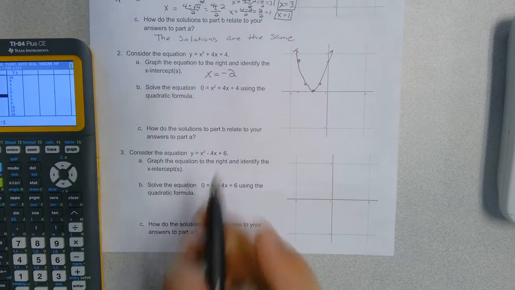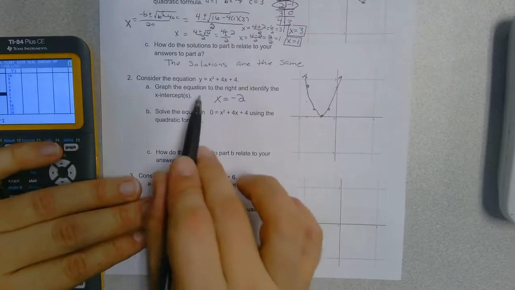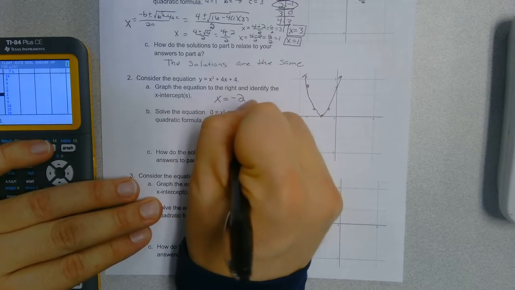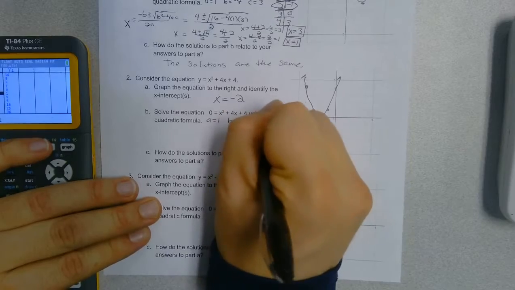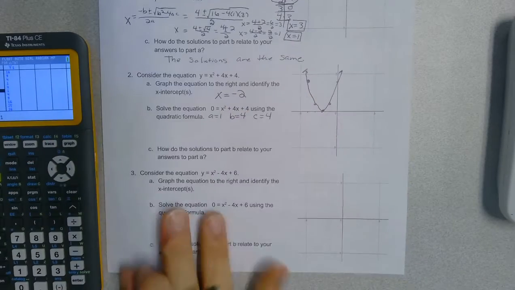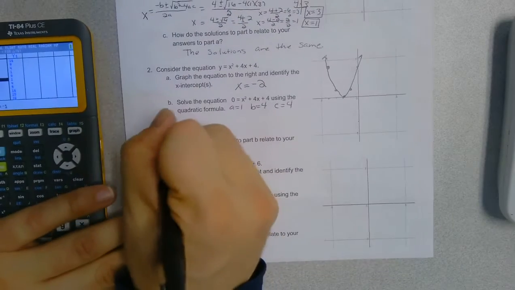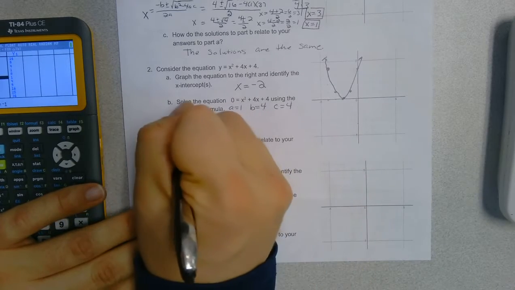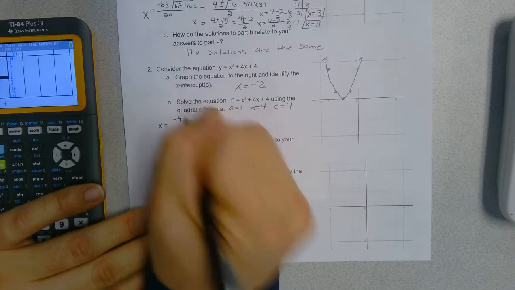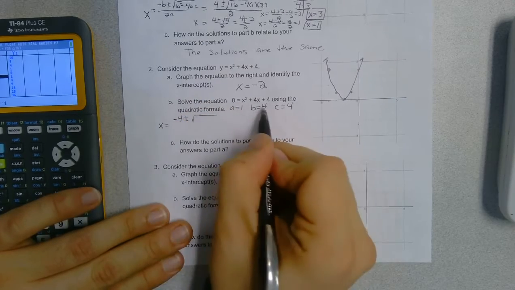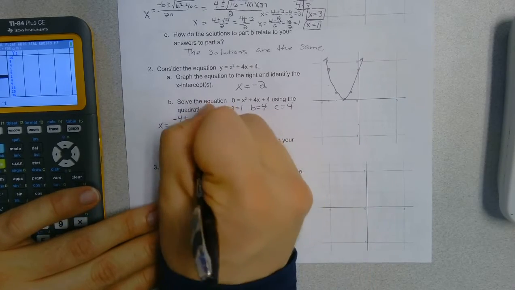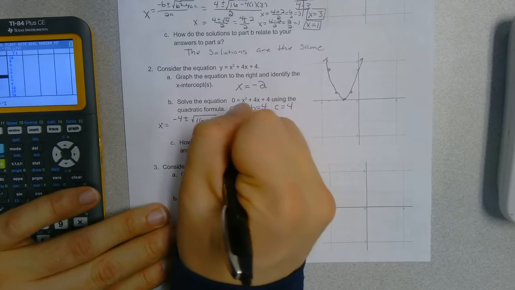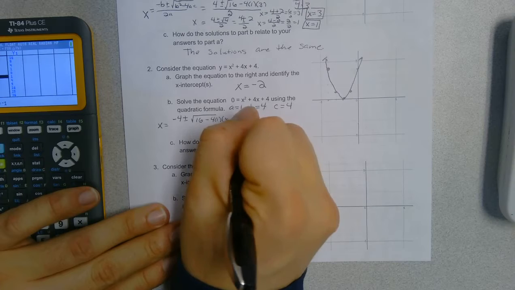Now to solve this with the quadratic equation, again, identifying a, b, and c: a equals 1, b equals 4, and c equals 4. So to put that in now, we know that x equals the opposite of 4, so -4, plus or minus the square root of 4 squared, which is 16, minus 4 times 1 times 4.